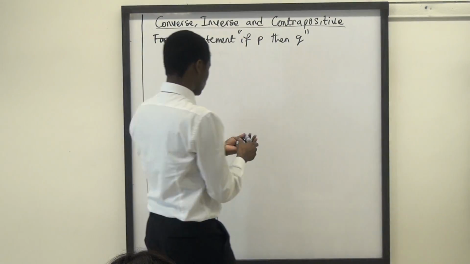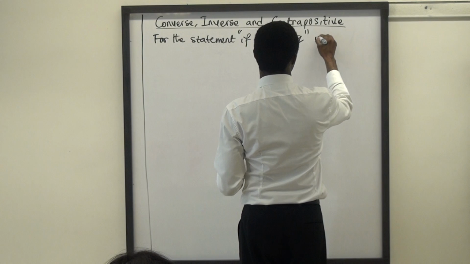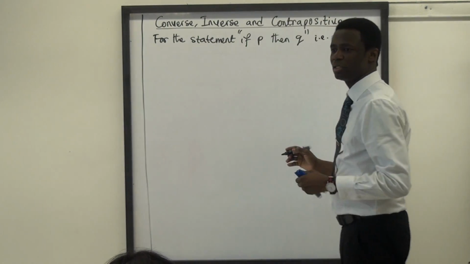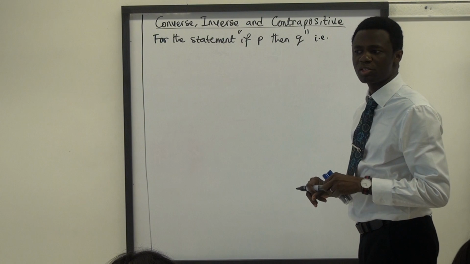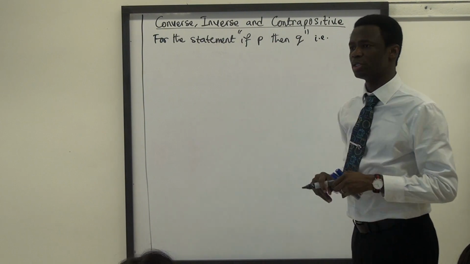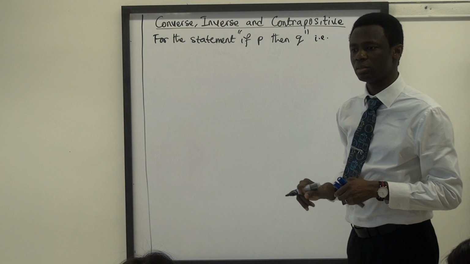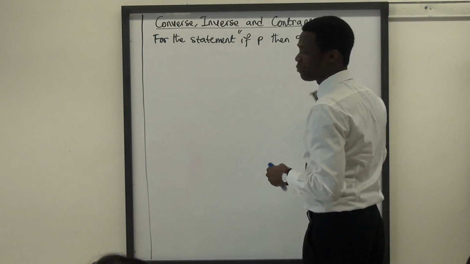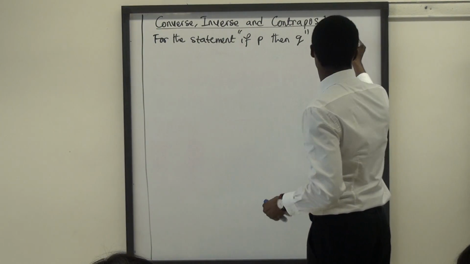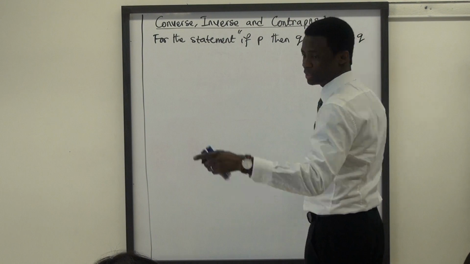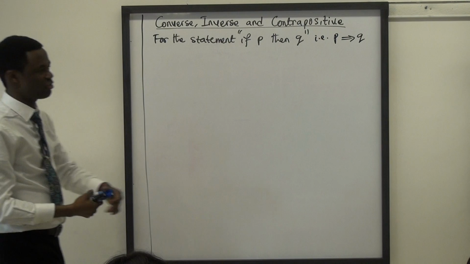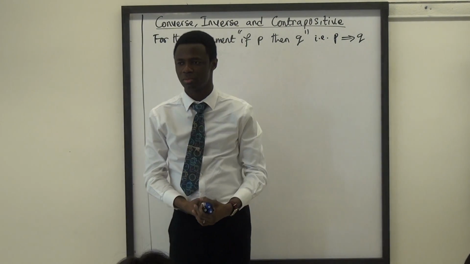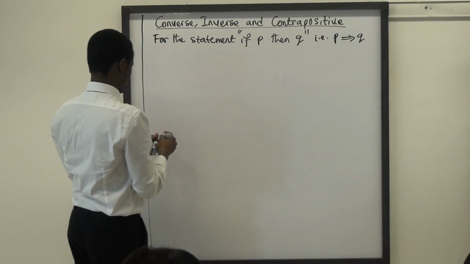And if P, then Q can actually be written as, how do we write it in symbolic form, without using words? P implies Q. The arrow, yes, that's implies. So this is if P, then Q, P implies Q.